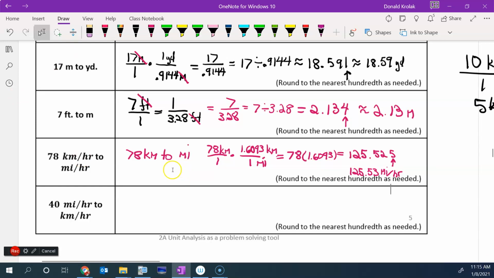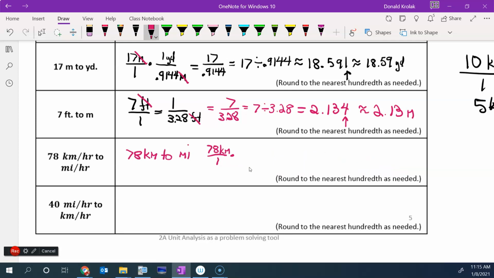Is it backwards? Oh, yep, you sure did. I sure did. Okay, got to have kilometers on the bottom.